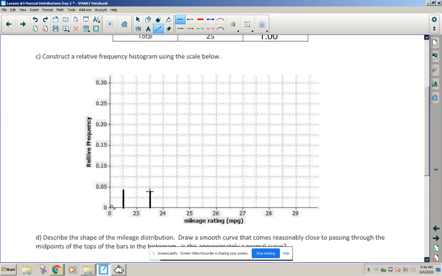Try to make your bars as neat as you can so that you can read it. And then the next one goes up to 12, which is here. And then 20.